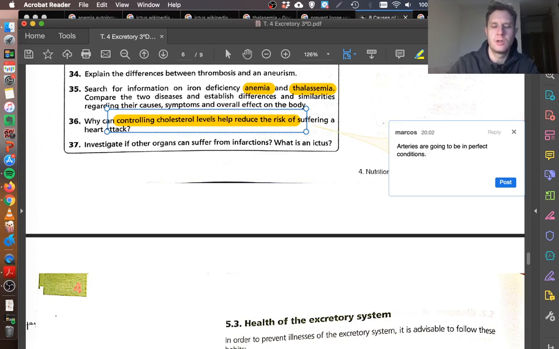Good. Therefore, your heart is not going to suffer due to problems in arteries and veins.